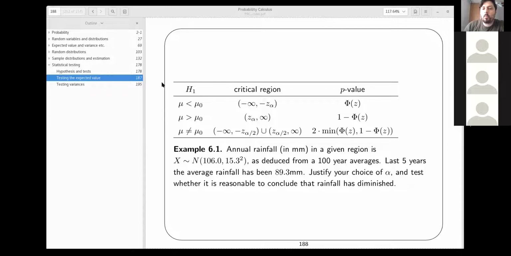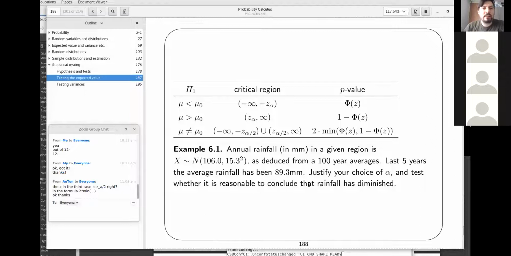So that's 1.5 in 10,000. So it's very, very unlikely that the 5-year average is this low unless the rainfall has actually diminished significantly.